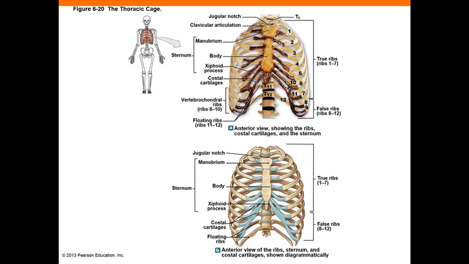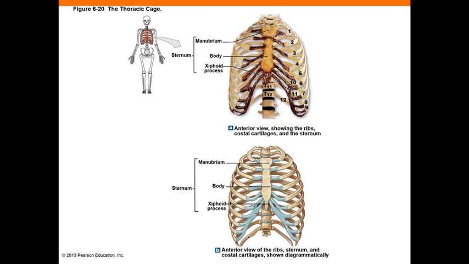We then have 5 pairs of false ribs. Pairs 8 through 10 are vertebrochondral ribs because they articulate with the vertebrae and the costal cartilages instead of the sternum. The last 2 pairs are called floating ribs, or better described as vertebral ribs.